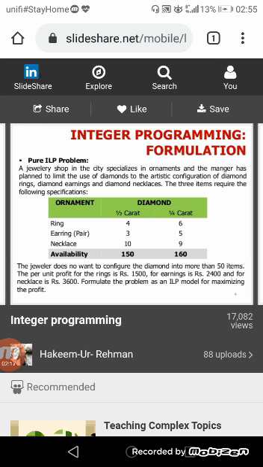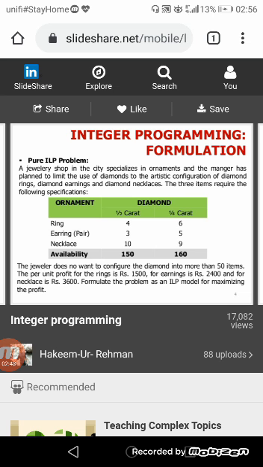Now let's have a look at the example. This is for the pure integer linear programming problem. A jewelry shop in the city specializes in ornaments, and the manager has planned to limit the use of diamonds to the artistic configuration of diamond ring, diamond earring, and diamond necklace. There are three items requiring the following specifications.